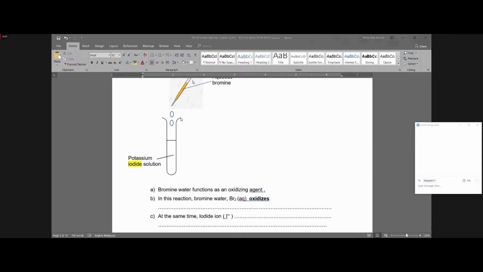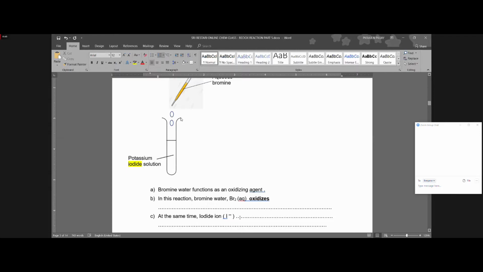And then the second thing, when the bromine water comes in contact here, it becomes bromide ion. So it becomes colorless here at the surface. At the same time, iodide ion is your reducing agent. Correct or not? Because this one oxidized, this one will reduce. Iodide ion is I minus. Maybe I just put the charge a bit further.